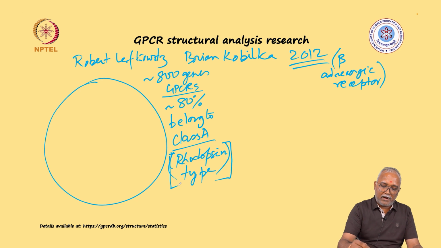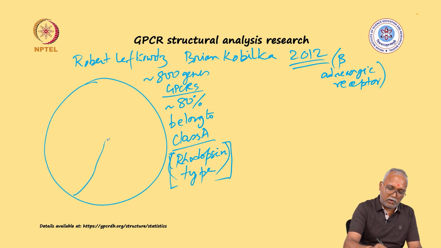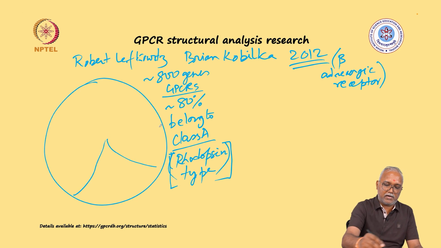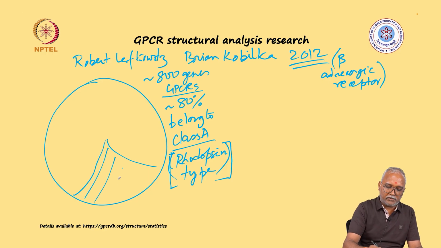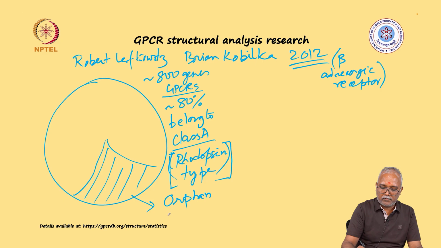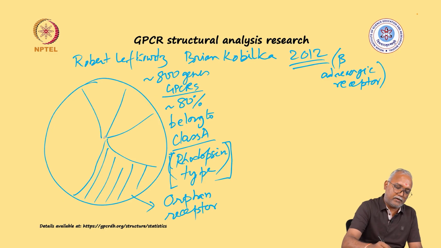But not only that, there are many more genes out of these. If I represent this entire 800 genes in this circle, around 30% and more are orphan receptors, which means that we still do not know what is the ligand for them. And in the remaining, you have very different kinds of signal molecules.